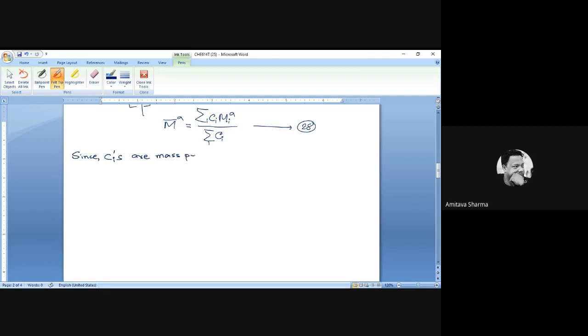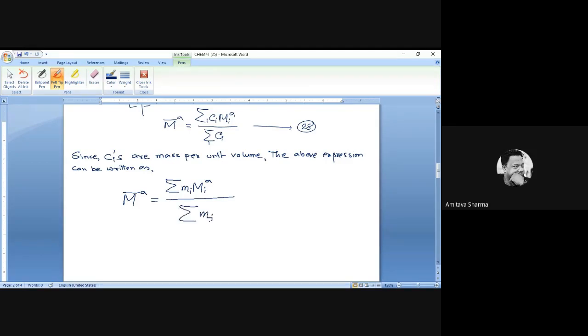So here we can say, since our mass per unit volume, the above expression can be written as: M bar, that is the average molar mass, equals the summation over i of mi into M_i to the power a, by the mass average.